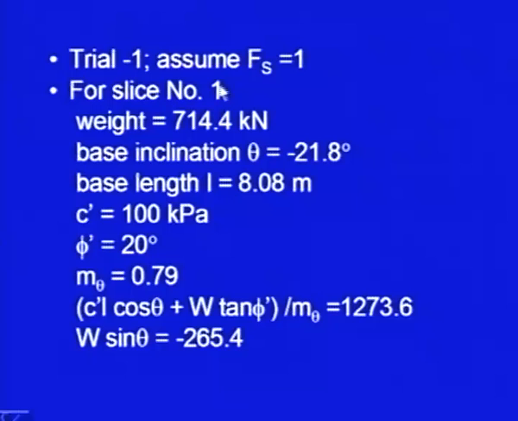Now, for slice number 1, the weight is 714.4 kilonewton, base inclination is minus 21.8, base length comes out to be 8.08, C dash at the surface is 100 kPa, phi dash is 20 degree, m theta we have calculated using the expression, it comes out to be 0.79, and C dash L cos theta plus W tan phi dash upon m theta comes out to be 1273.6, and W sin theta comes out to be minus 265.4.